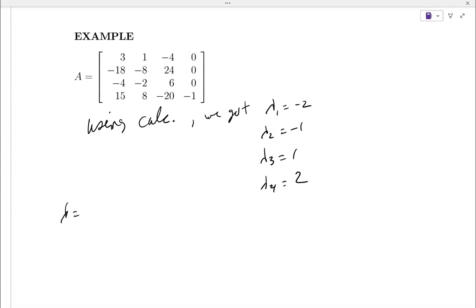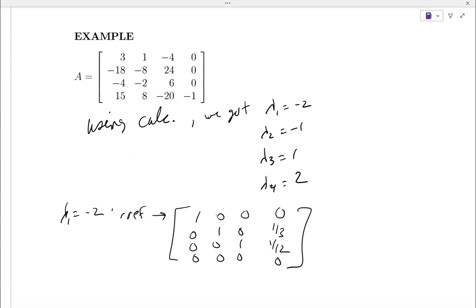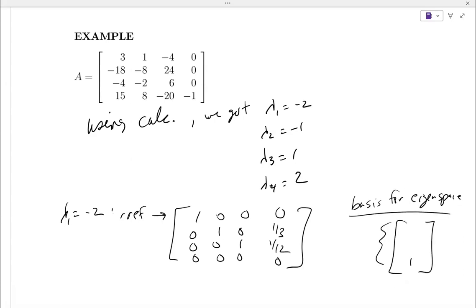So when we did lambda 1 equals -2, the reduced row echelon form was 1, 0, 0, 0, 0, 1, 0, 1/3, 0, 0, 1, 1/12, 0, 0, 0, 0. Free variable is where? Column 4. So that'll be a 1 down on the 4th component. If I have a 1, what does that make your 3rd component?